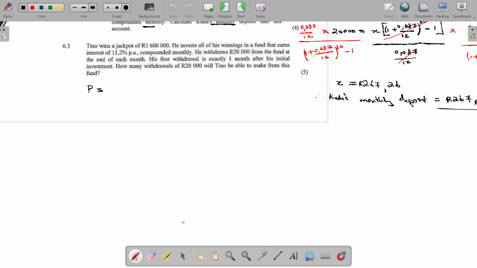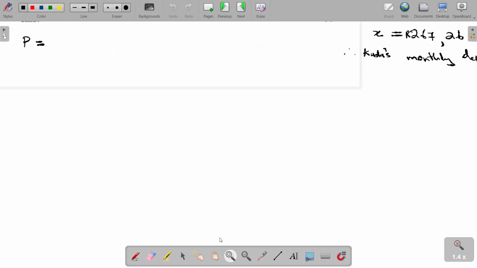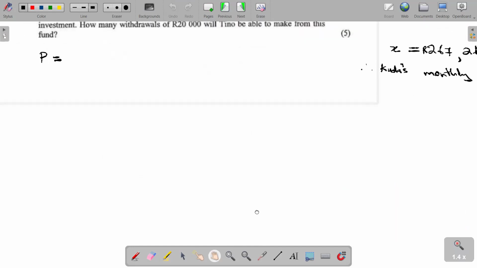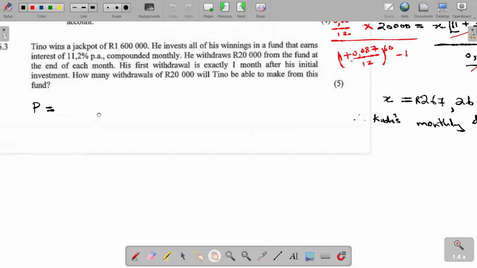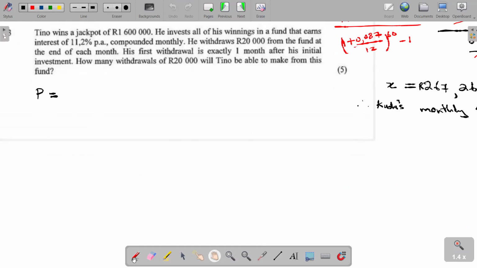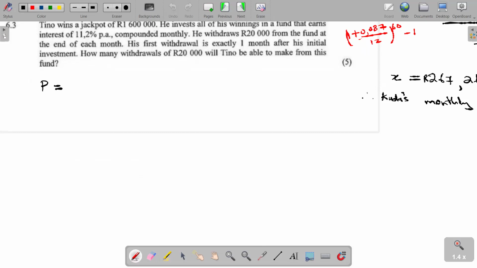So using the formula, our P is equal to X, bigger bracket, then we have 1 minus, open bracket, 1 plus i to the power negative n, close bracket, over i.